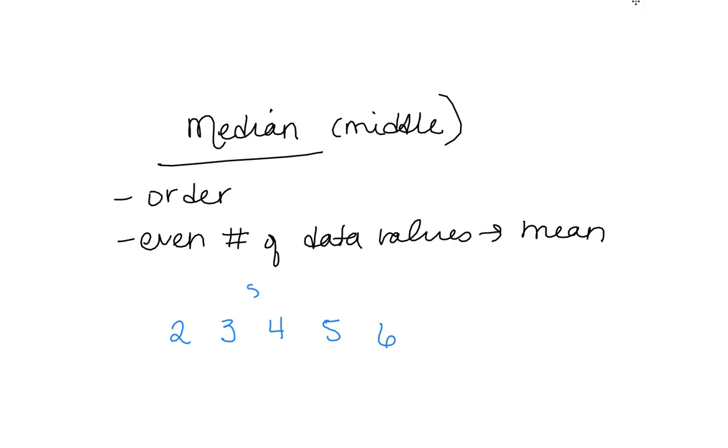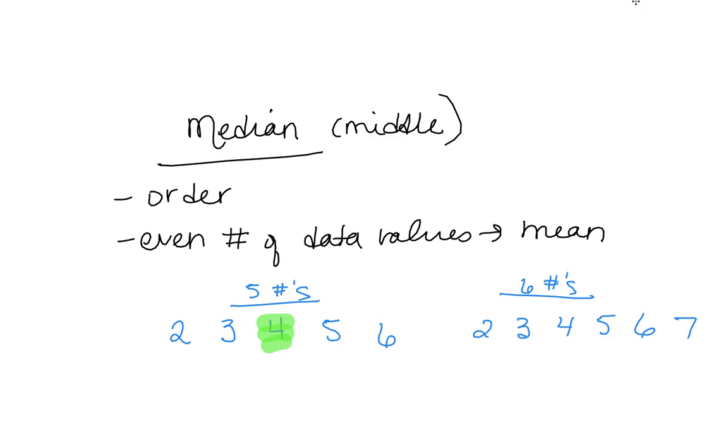I have 5 numbers. Well, this is easy to find the median, right? Because there's 2 to the left, 2 to the right. Median sits right in the middle. If I would add a number, 2, 3, 4, 5, 6, 7, now this is different because this is an even amount. So if I'm here, now I have 2 to the left, 3 to the right.